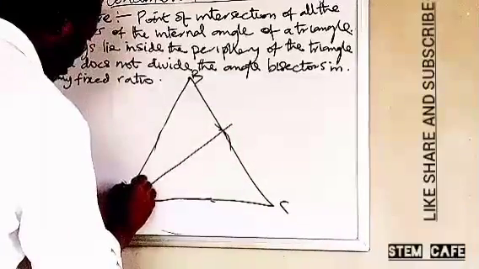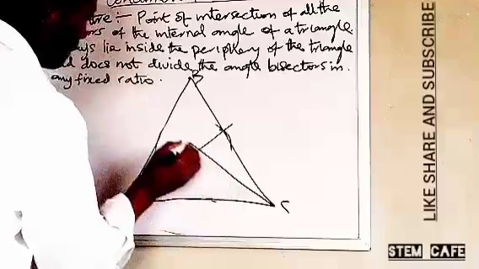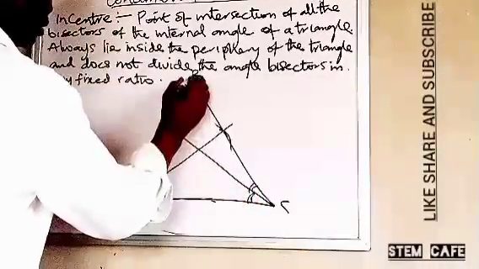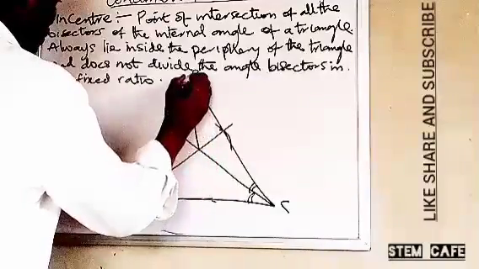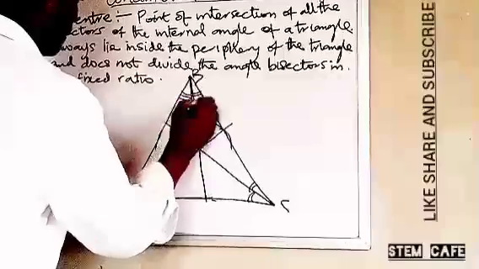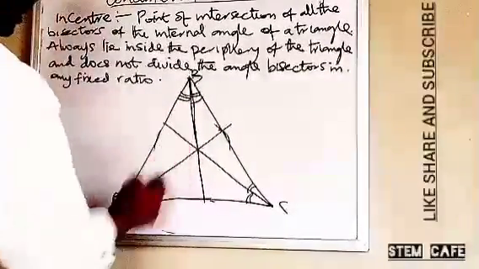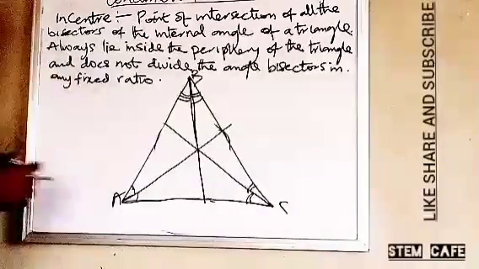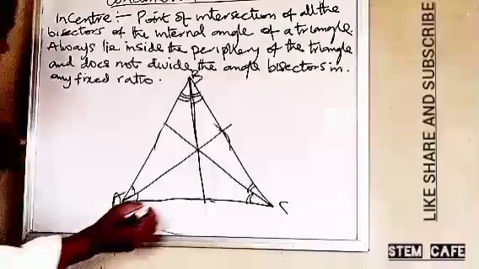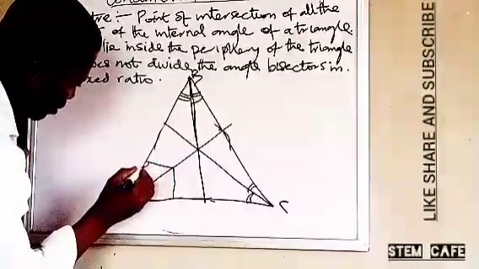The angle here will be equal to the angle here. So we bisect this one too. The angle here will be equal to the angle here. So this one too, we bisect. So the angles here will be equal. So the point of intersection here, and we know from our construction geometry, the perpendicular distances from here will be equal.